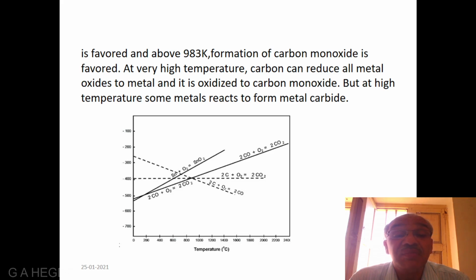At very high temperature, carbon can reduce all metal oxides to metal and it is oxidized to carbon monoxide. But at high temperature, some metals react to form metal carbide. This is the Ellingham's diagram for the formation of oxides of carbon.